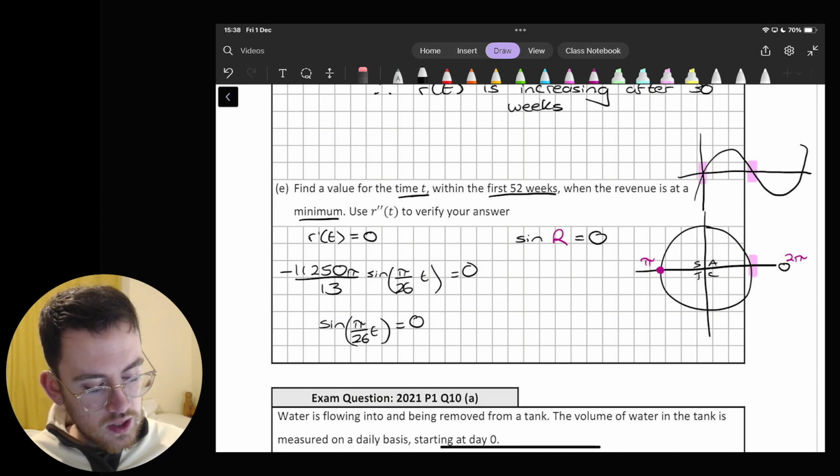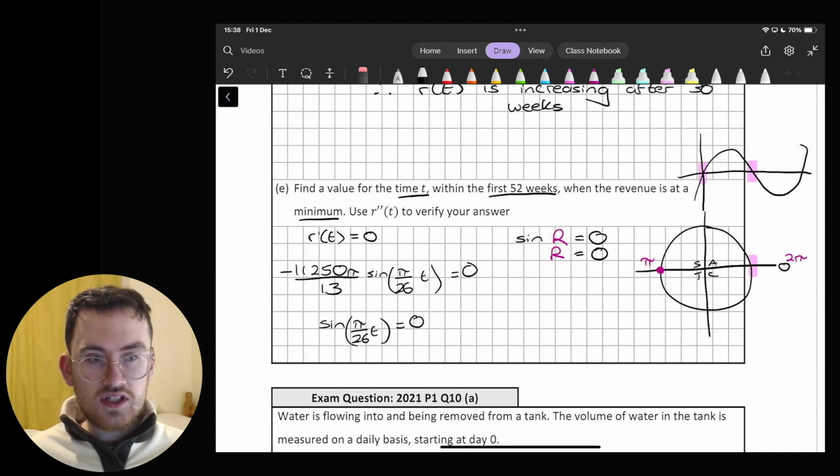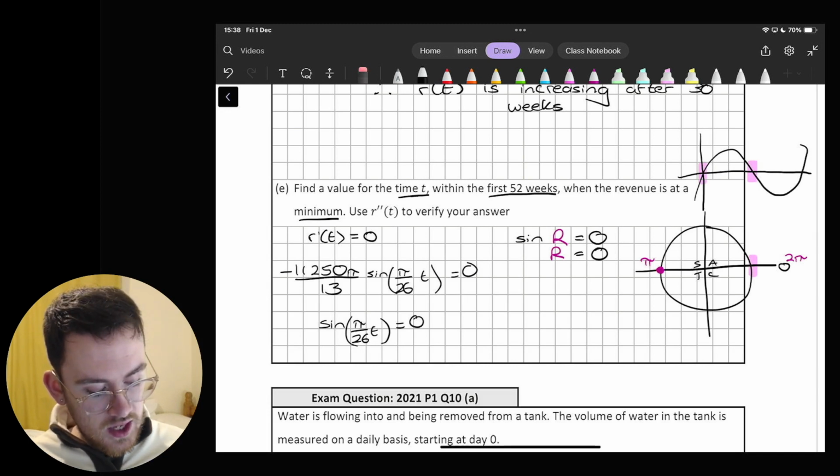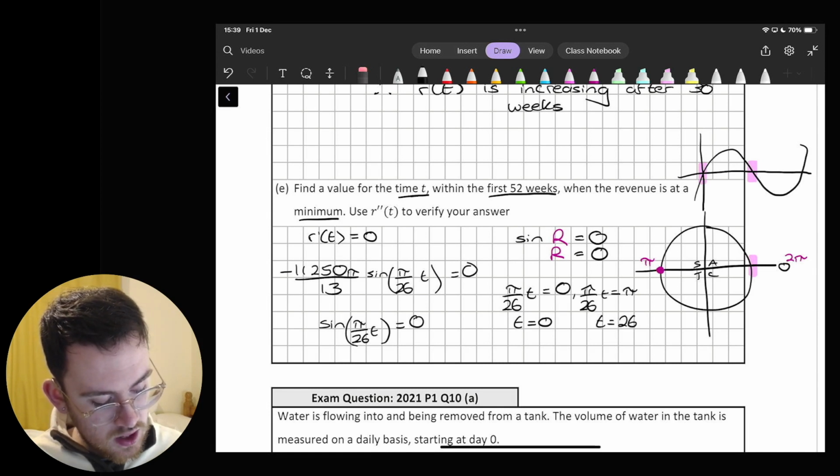But if we look at those options, taking sine inverse of 0 gives me just 0. Now taking, instead of my reference angle, my actual value, which is the pi over 26, I'm going to say that's equal to 0, which would mean t is 0. But I'm going to use those other options that I've identified using my unit circle, which is that it could be pi, meaning that t would be 26, or it could also be 2 pi, which would mean that t is 52.